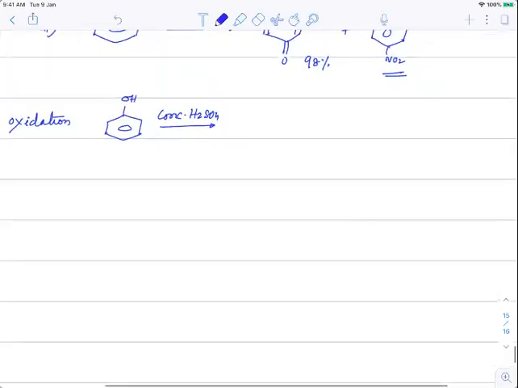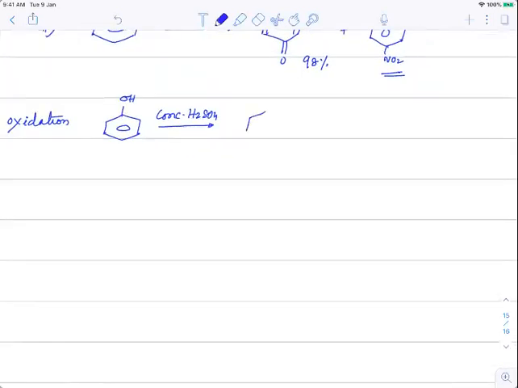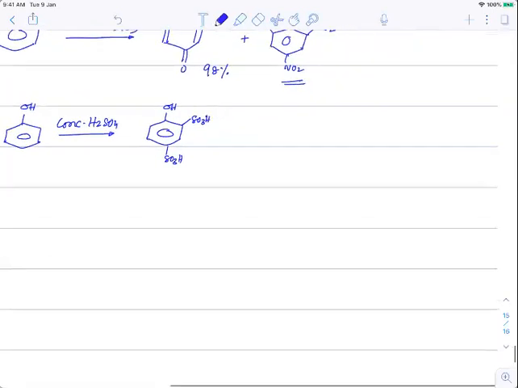Okay, since we are using concentrated, there is a high chance that it would come at all the positions here, so we will get SO3H, SO3H, like this. Now then you do the nitration here with HNO3, and you know HNO3 has NO2, right? So then with HNO3, the sulphonation groups will leave and NO2 will come at every position.